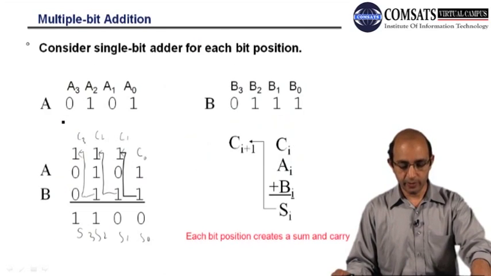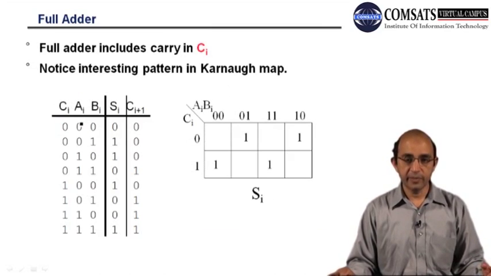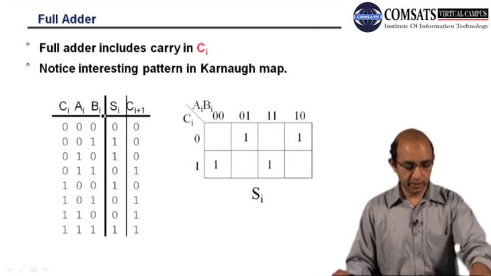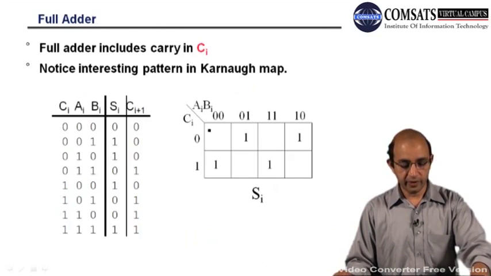If I go back, I will be having Ci, Ai, Bi as inputs, and then I will be having a sum and a carry.